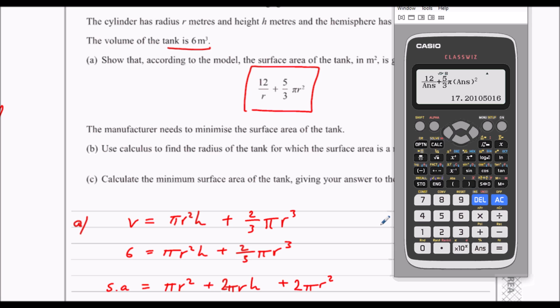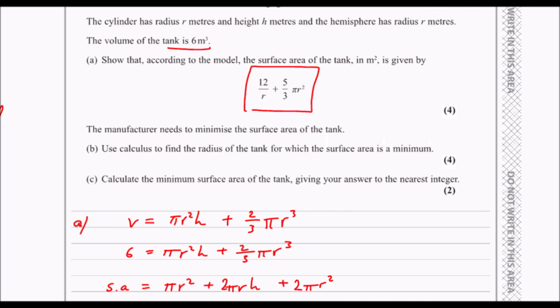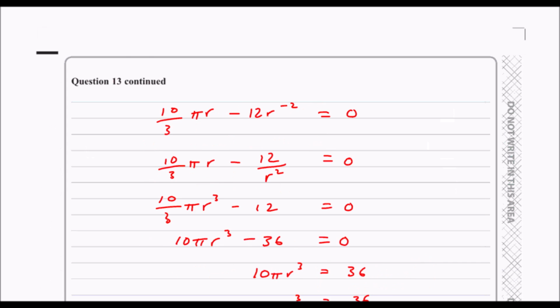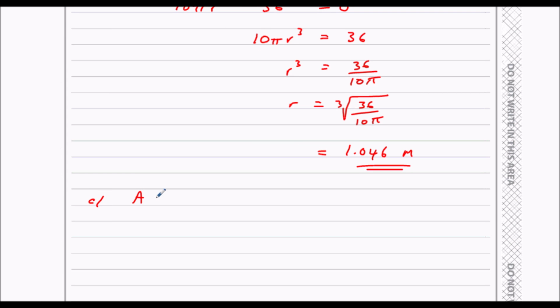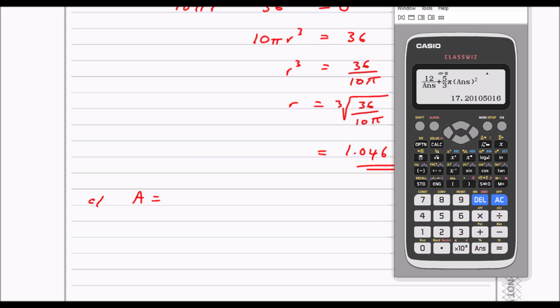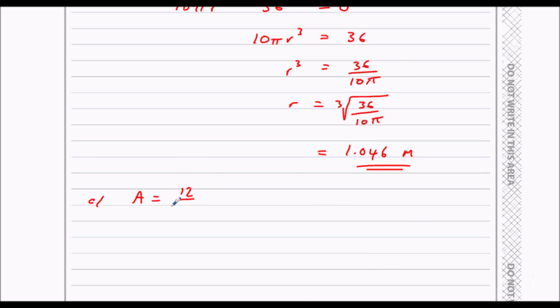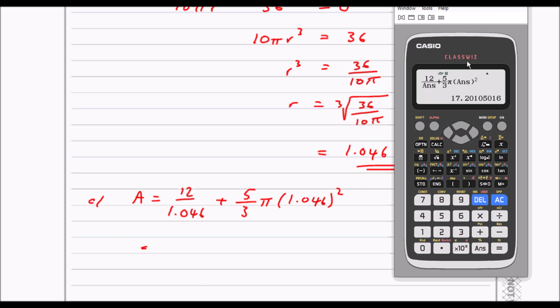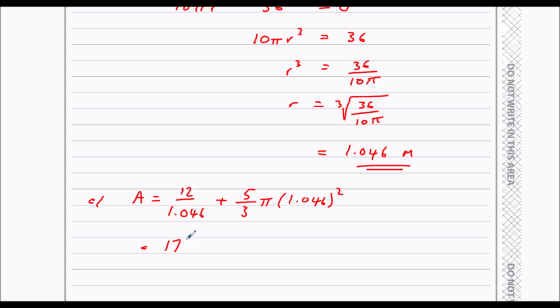So we've got 17 meters squared to the nearest integer.